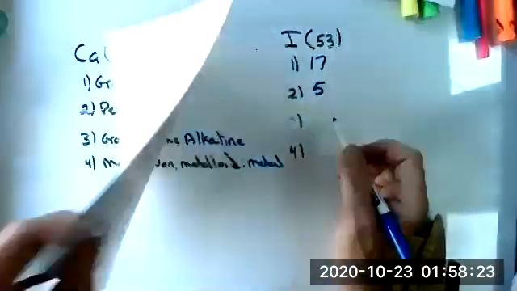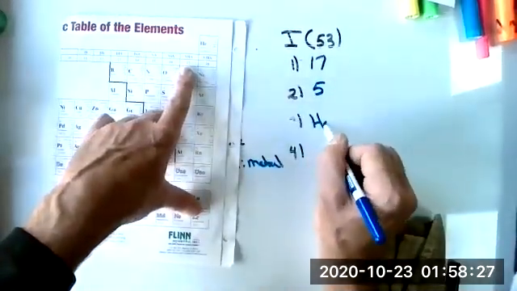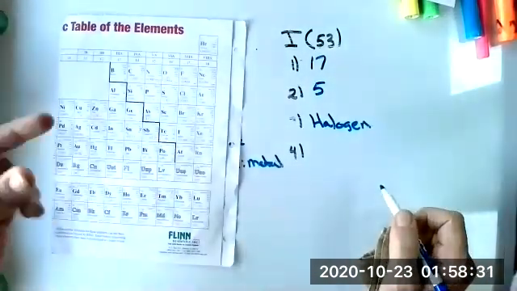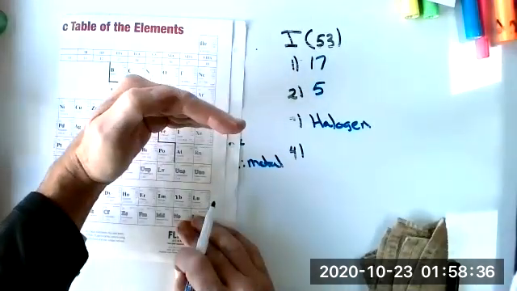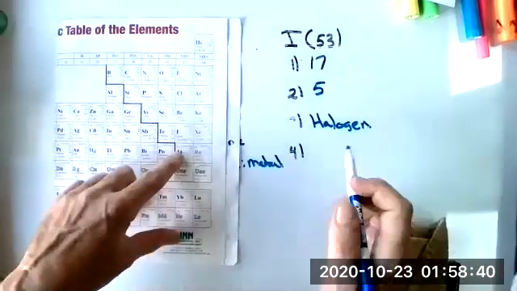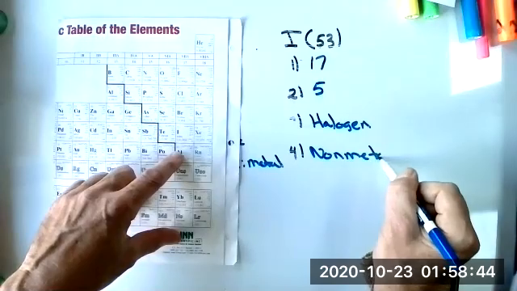Oh, special name. Yes. Group 17 has a special name of halogen. What's left? Oh yeah, it is to the right of the zigzag line, and he's not one of the special ones I identified. He is a non-metal.